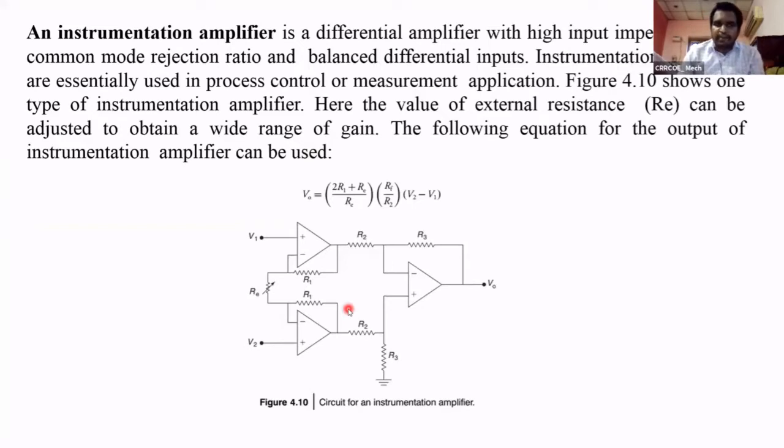Now we see an instrumentation amplifier. The circuit of the instrumentation amplifier is like this. It is a combination of different op-amps. Here we have two buffer op-amps.